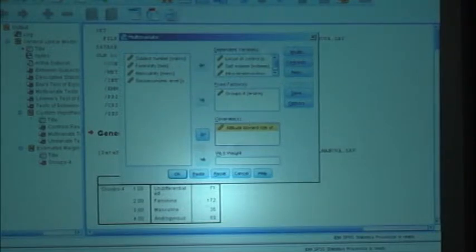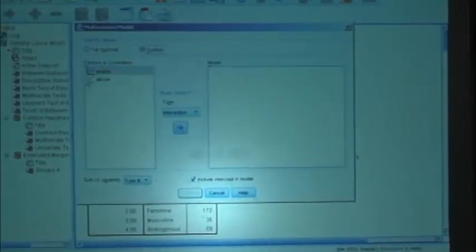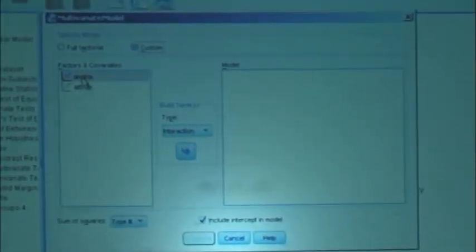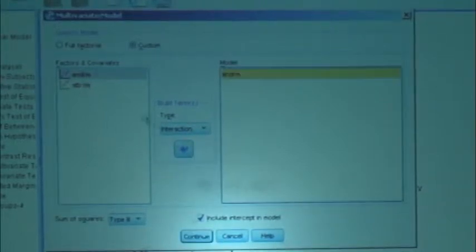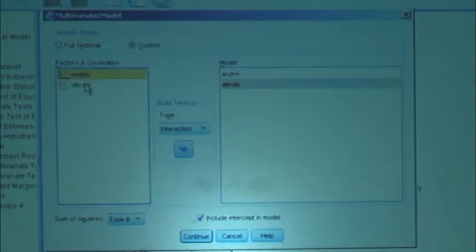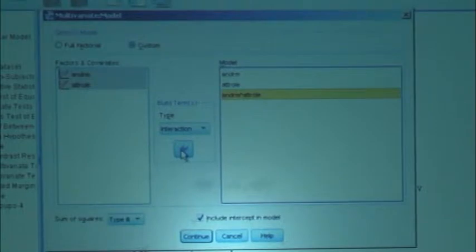So then you're going to do model, custom. Now you do the IV and the CV, highlight them both, and put the IV times the CV. I think you can do it with this interaction button too. I was trying to do that and it wasn't working. I forgot the trick to that one, but this is a good way to do it.